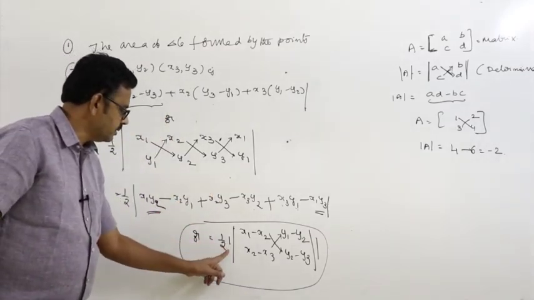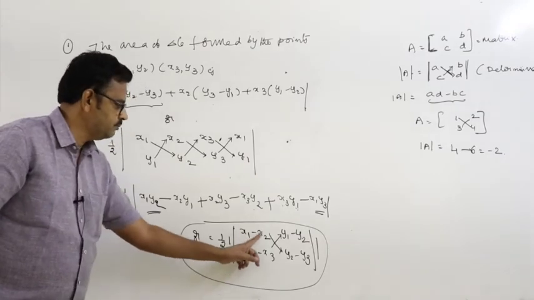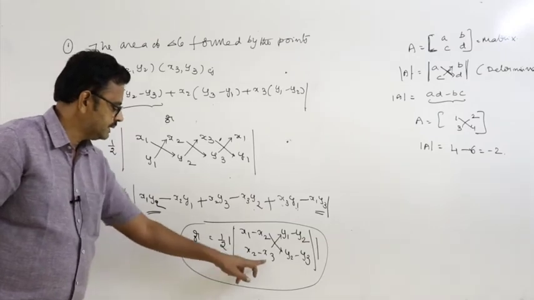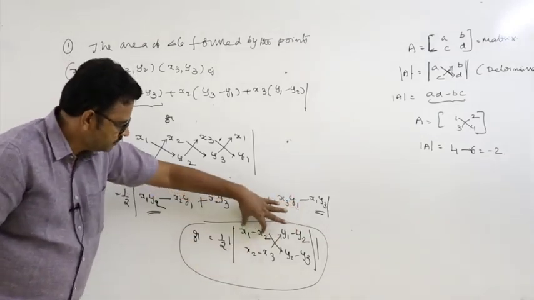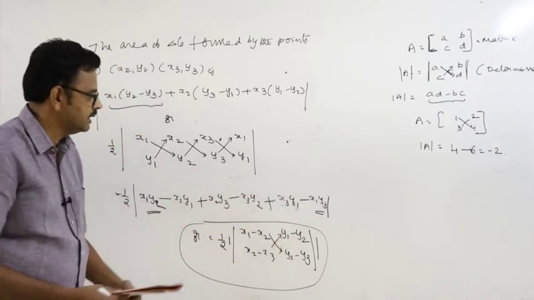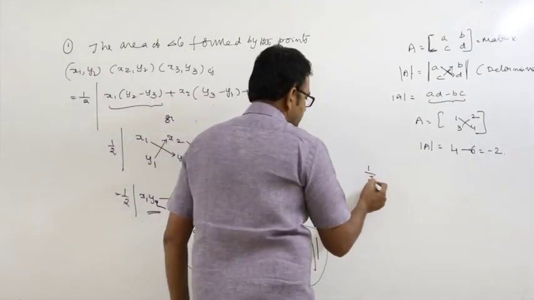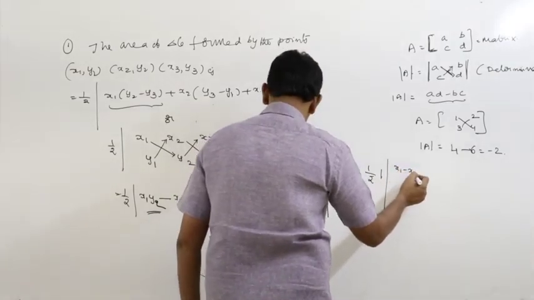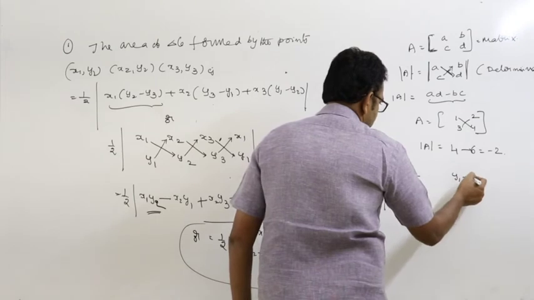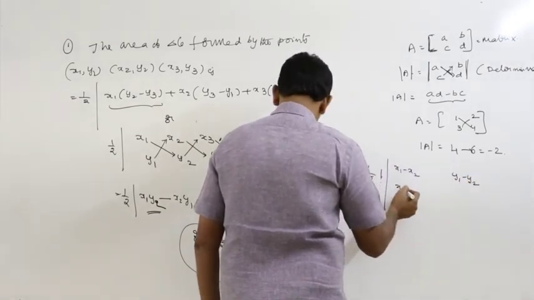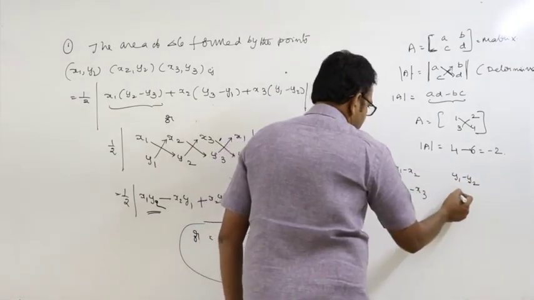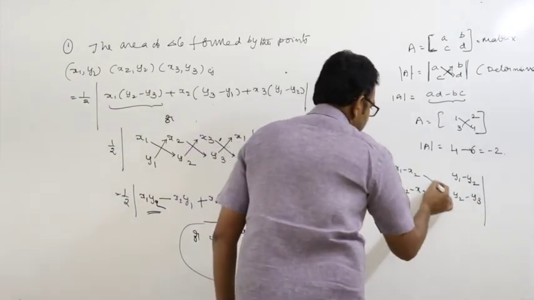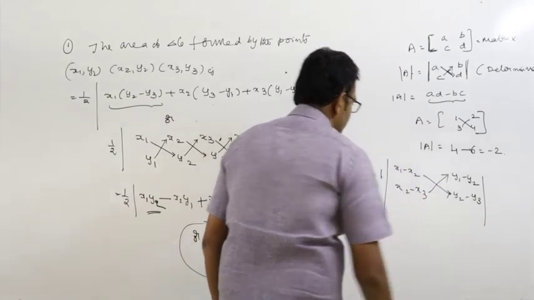Half mod of determinant of x1 minus x2, y1 minus y2, and x2 minus x3, y2 minus y3. You can put some gap. This is one term and this is one term. So, product of these two minus product of these two.